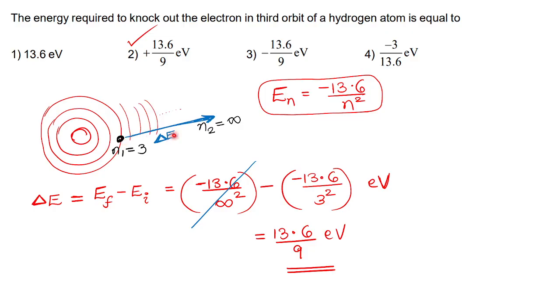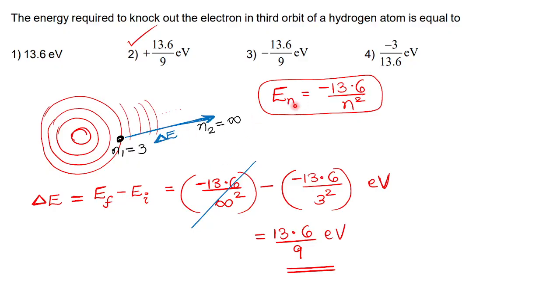The required energy is equal to the change in energy, that is, final energy minus initial energy. The required energy for the transfer will be the energy in the final state minus the energy in the initial state.